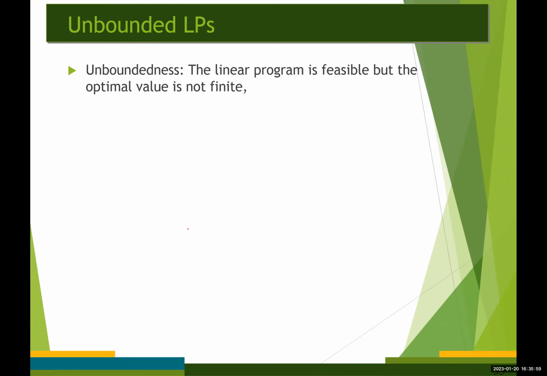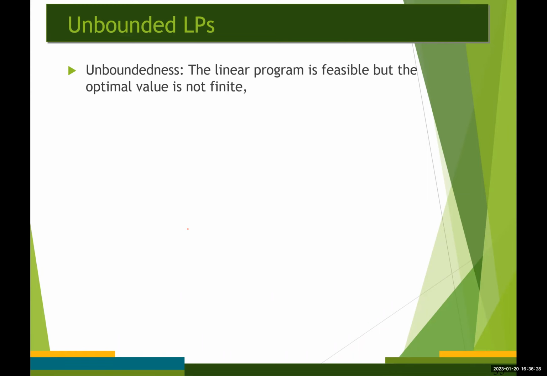So what is the other possibility that a linear program does not have an optimal solution at a corner point? The next case is what is called unboundedness, okay? So in this case, the linear program is feasible, but the optimal value is not finite, okay?